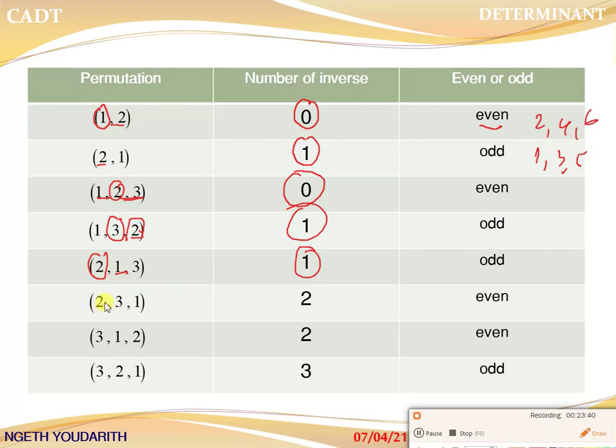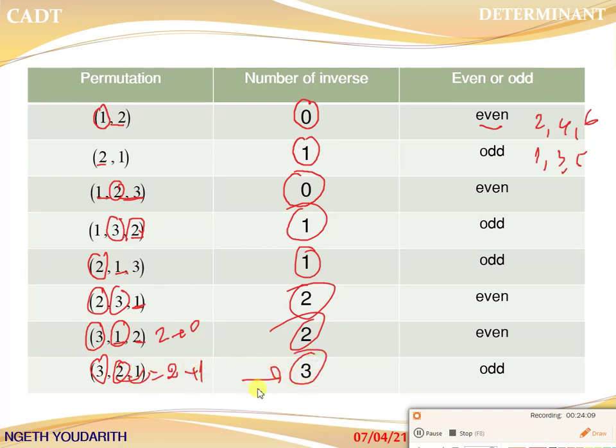If I write about number 2, it has 1. Number 3 has 1. 1 plus 1 is 2. And for number 3, smaller than 3 are 1 and 2, but starting from number 1, nothing smaller, so 0. So 2 plus 0 is 2. If I start from 3, it is 2, and from 2 it is 1, so 2 plus 1 is equal to 3.